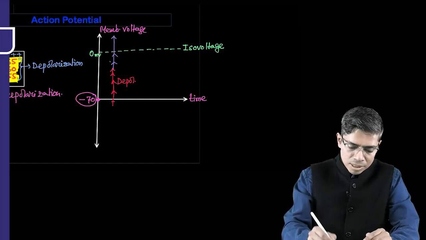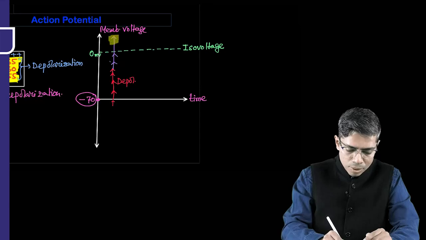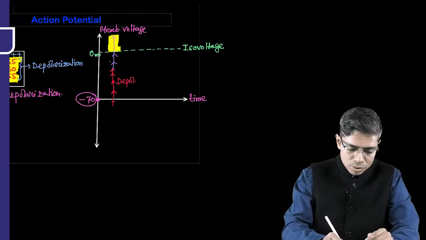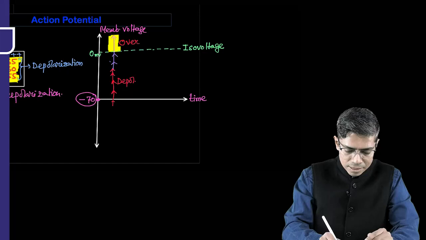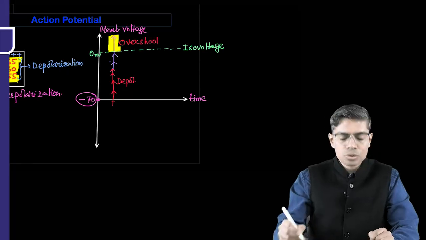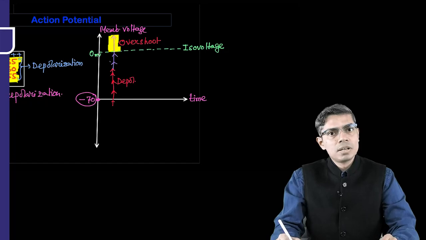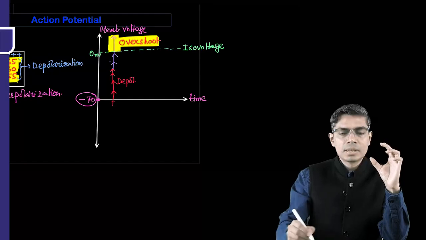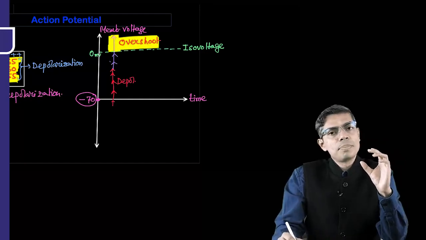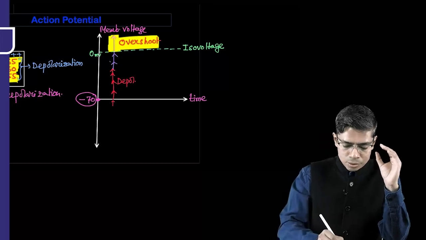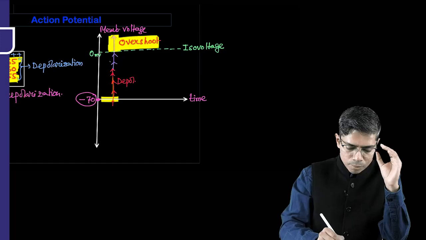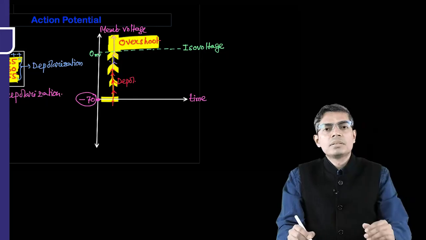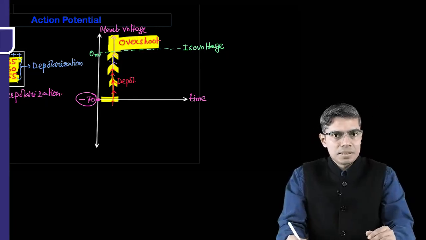The part of the depolarization which is going above the 0 millivolt is known as the overshoot of membrane potential, or overshoot of membrane voltage. So, very simple: the resting membrane potential goes for more and more positivity, that is depolarization. Whenever it goes above the 0 millivolt, that is known as overshoot of potential.